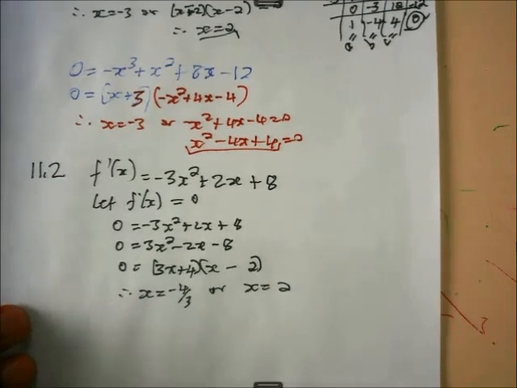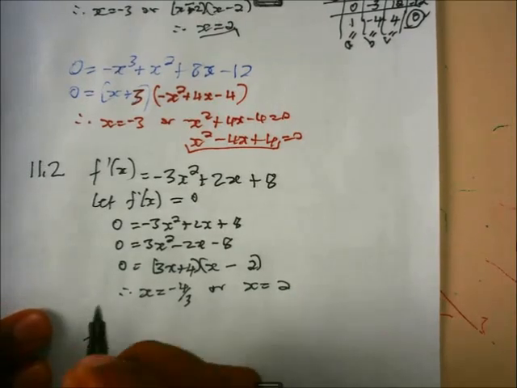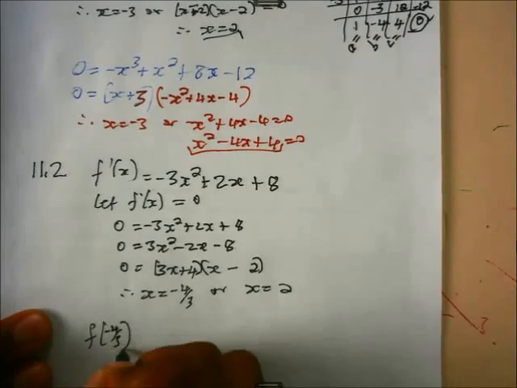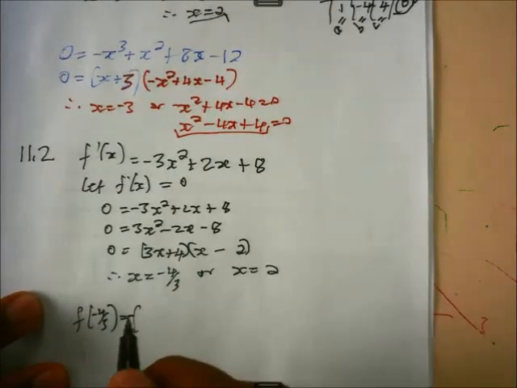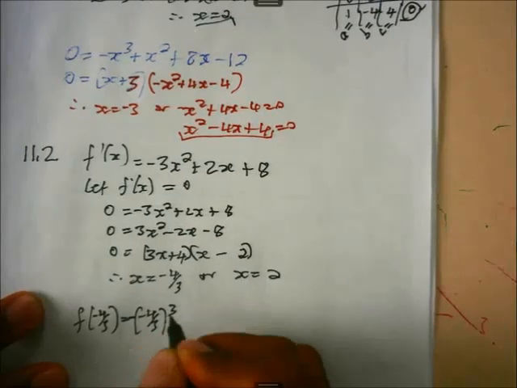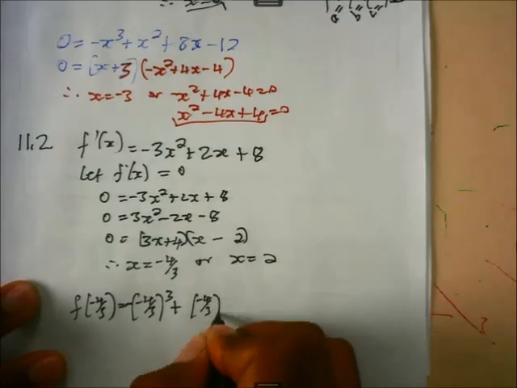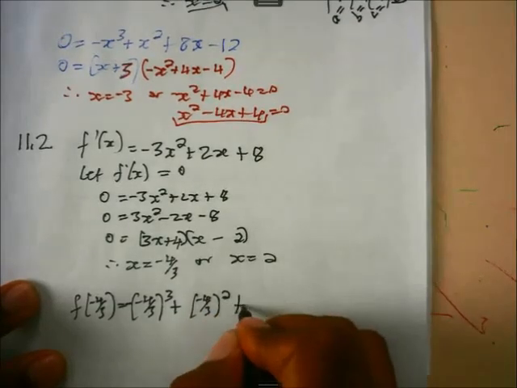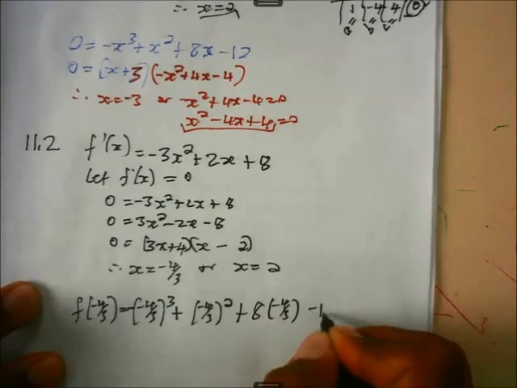What is it that you're going to do now to determine the y coordinate? Of course, we take the x coordinate minus 4 over 3, then you substitute it in the original equation. We have minus, then minus 4 over 3 to the exponent of 3, plus minus 4 over 3 squared, plus 8 multiplied by minus 4 over 3, then minus 12.